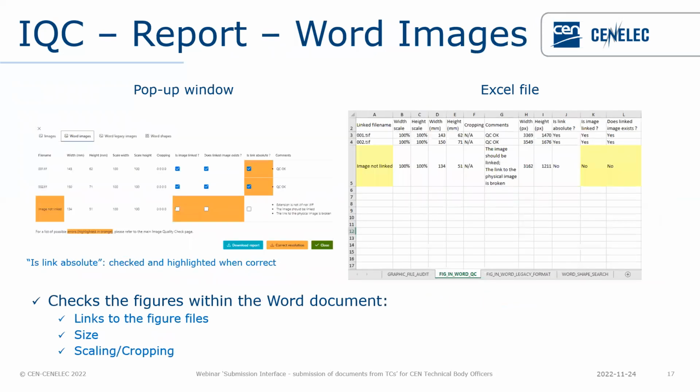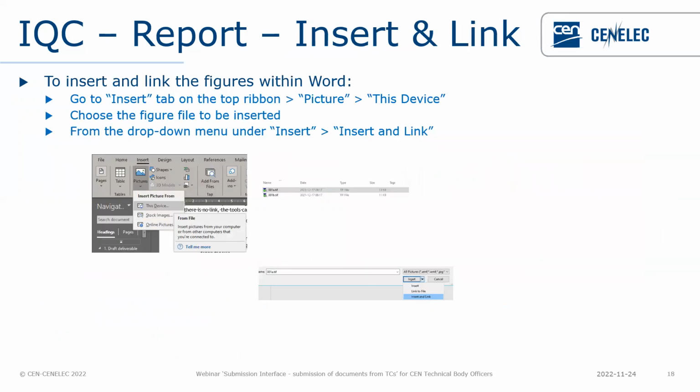I'm sorry, this tab, Word image checks, checks the different linking of the images, and also the sizes, and whether the output size is the correct one, is 100%, and if there are any scaling or cropping discrepancies.